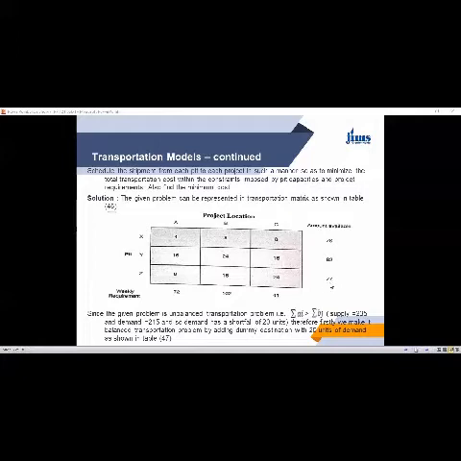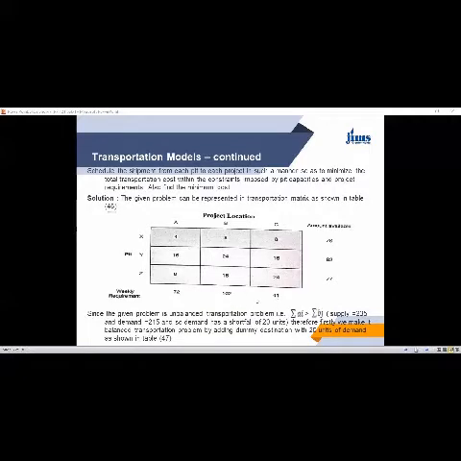If you add up the supply, 76, 82, and 77, the total supply is equal to 235, and the demand, 72, 102, and 41, adds up to 215.